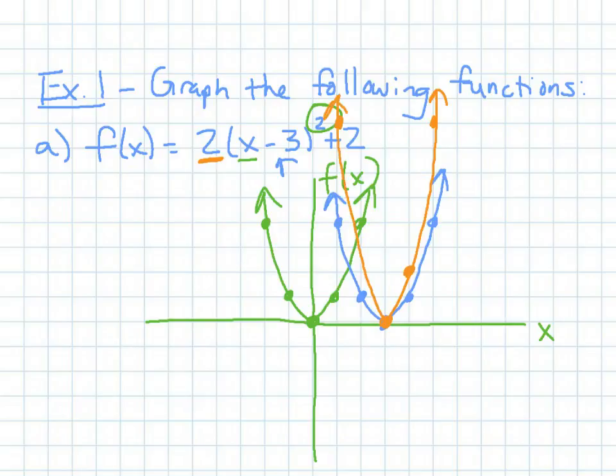And then from there, we want to add 2. So we're going to move everything up 2. I'm sorry to draw over the directions, but that's no big deal. Okay? So we went from green to blue to orange to red for our final graph.